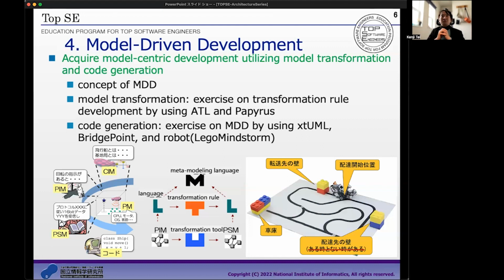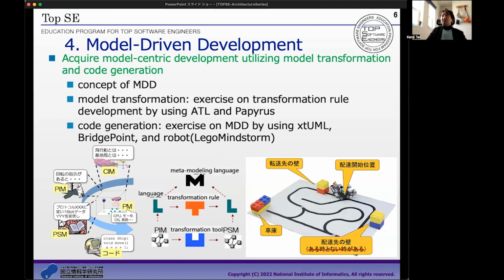So we choose the robot control systems. By using executable UML and BridgePoint, a model-driven development tool, and the Lego Mindstorms robots, students can enjoy how the software system can be debugged on models.